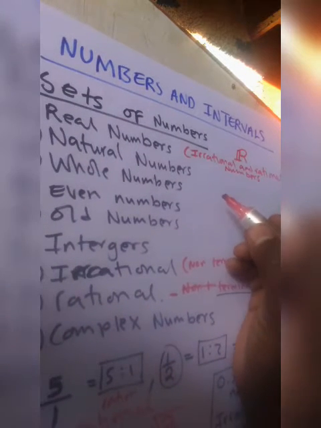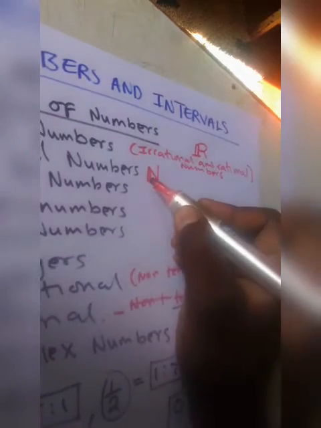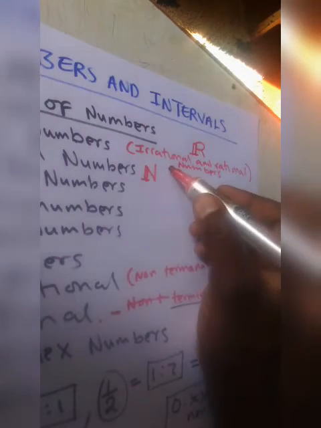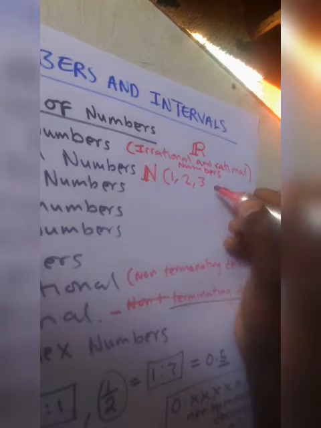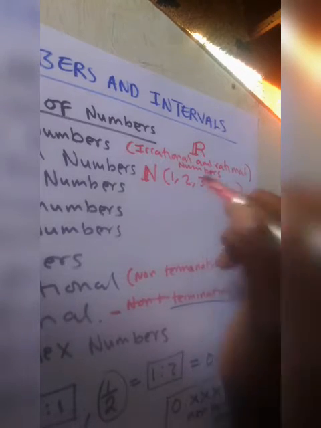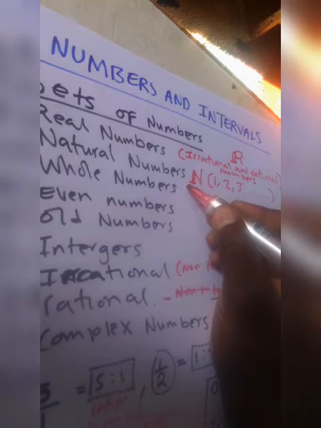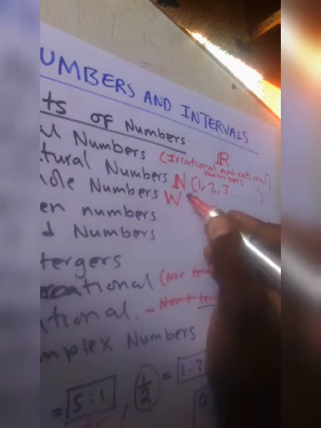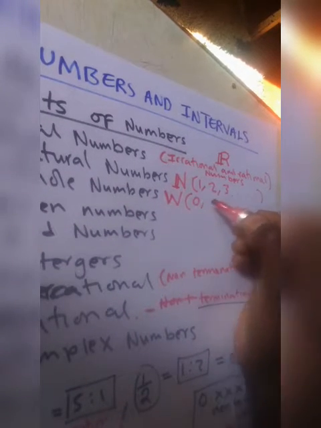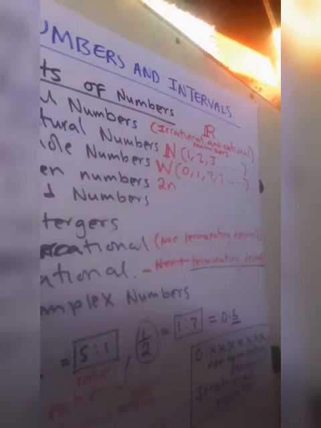Natural numbers are represented by the capital letter N, like this. These are counting numbers starting from 1, 2, 3, going forward. Whole numbers are represented by the capital letter W, like this. These are counting numbers starting from 0, 1, 2, 3, and so on.